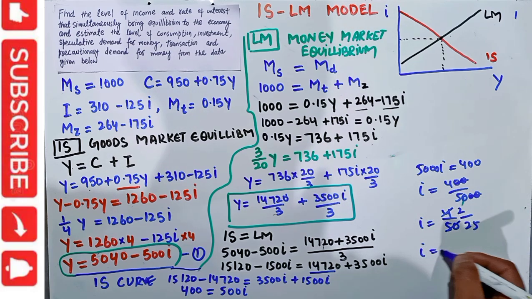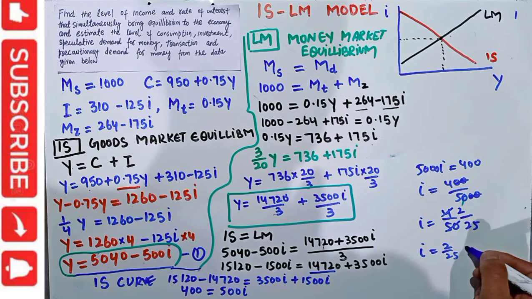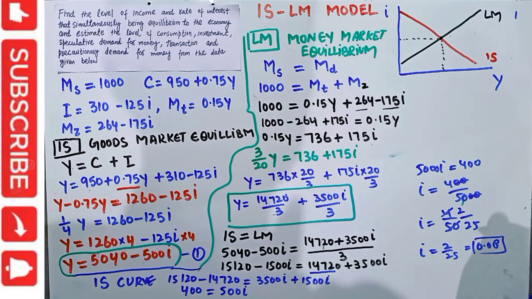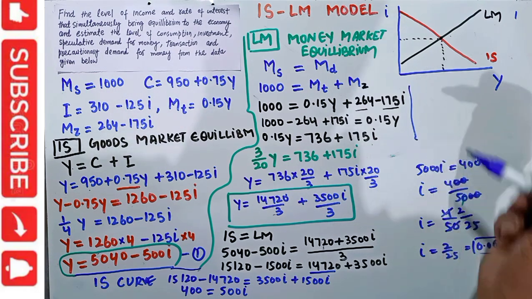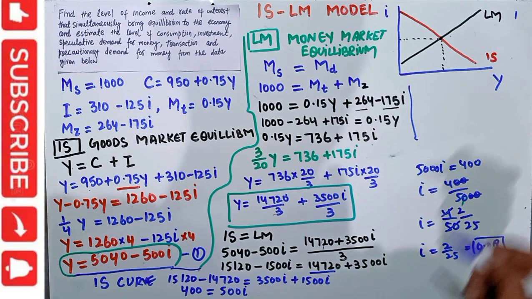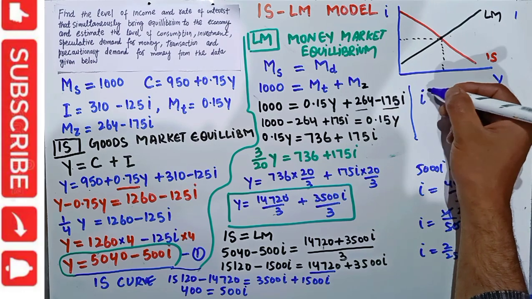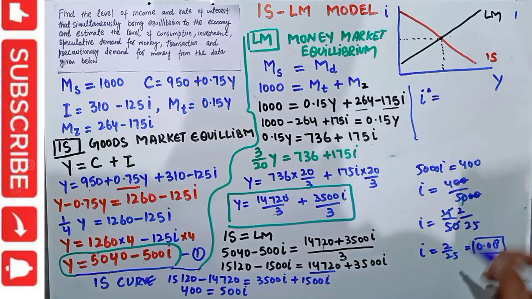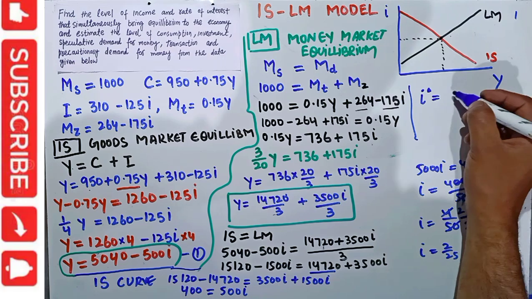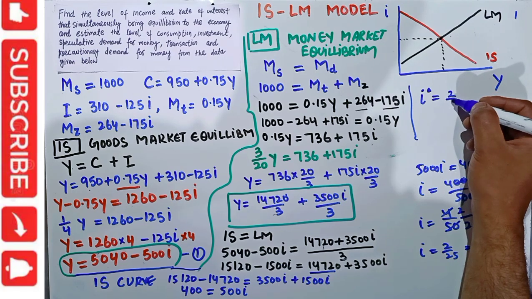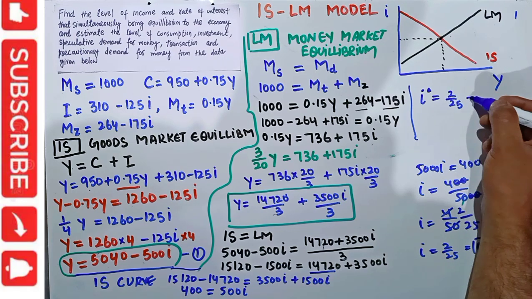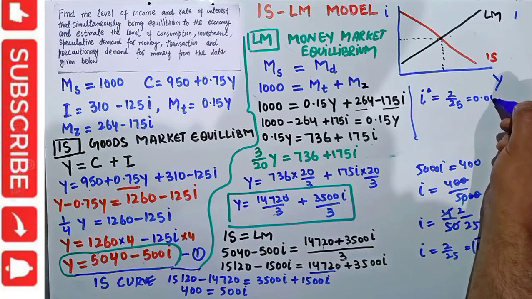So rate of interest will be equal to 2 upon 25, which will be equal to 0.08. So we got the equilibrium level of interest rate, our I star, comes out to be 2 divided by 25, which is equal to 0.08.